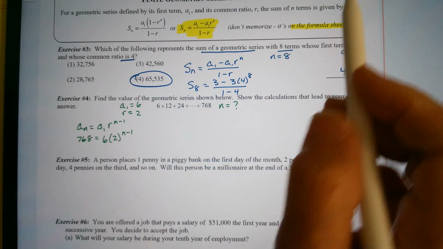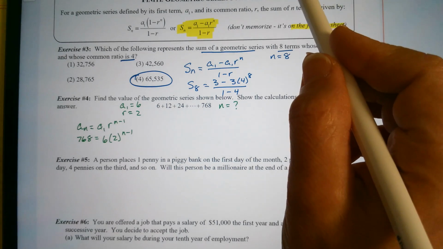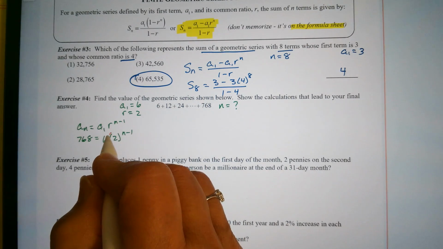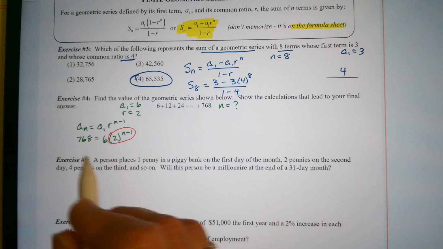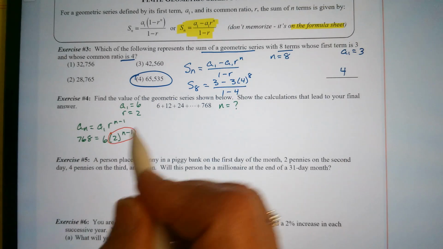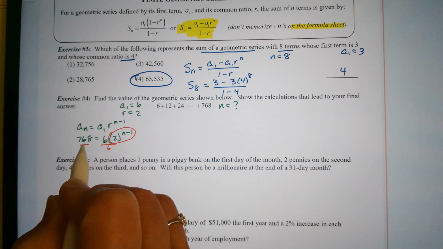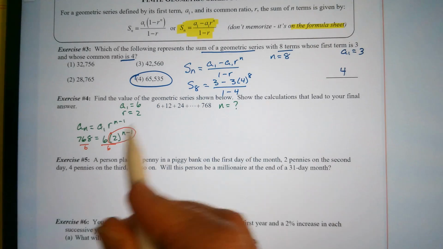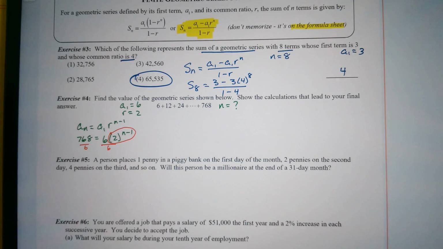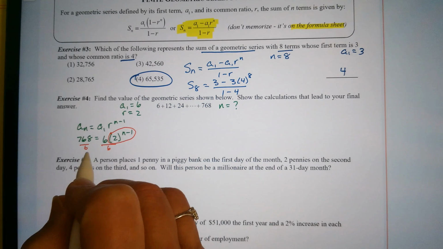All right, we're solving for n there, right? And n is part of an exponent, so we want to get that base and exponent by itself. So we divide by 6, both sides. 128.